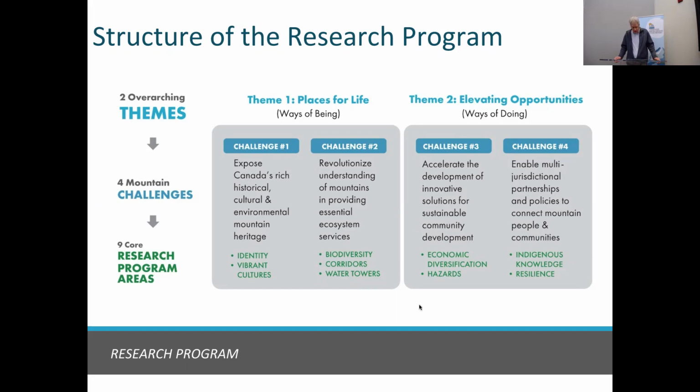And then finally, under challenge 4, we really want to focus on some of the mechanisms that need to be developed for Indigenous communities in particular to lead in land use planning and conservation, and the impact of conservation policies on the design of future protected areas, including Indigenous protected areas. And this is a very important area for all of Canada, but I think particularly in mountain regions across the country. So these are the types of outcomes we're seeking.